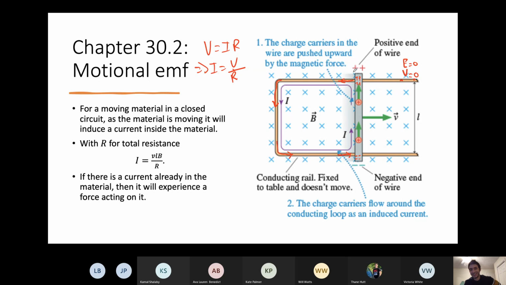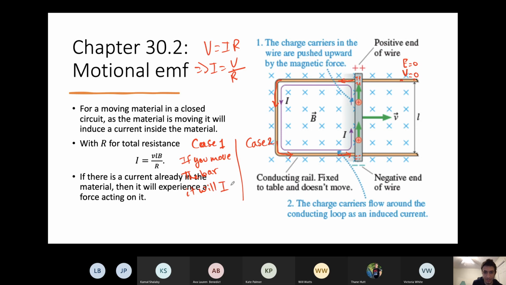Okay. So let's say there's two cases. Case number one and case two. Simply, if you move the bar, it will have a current in it.